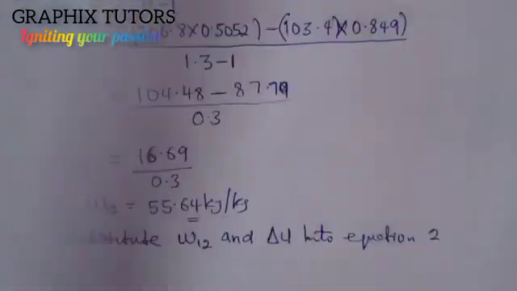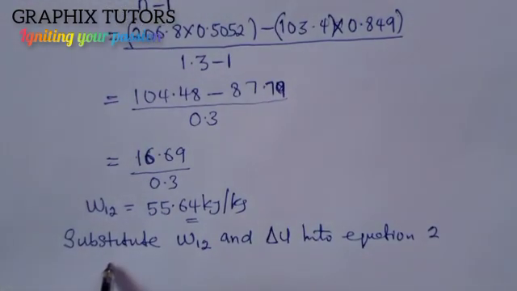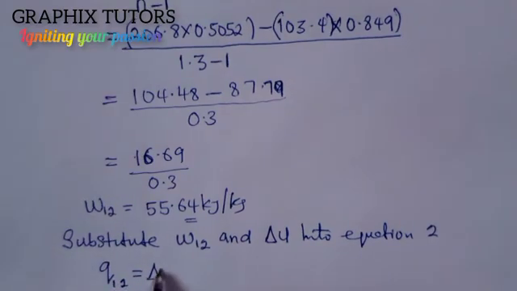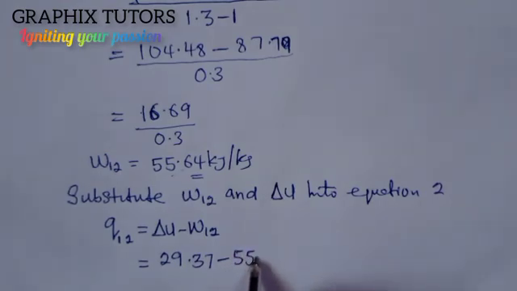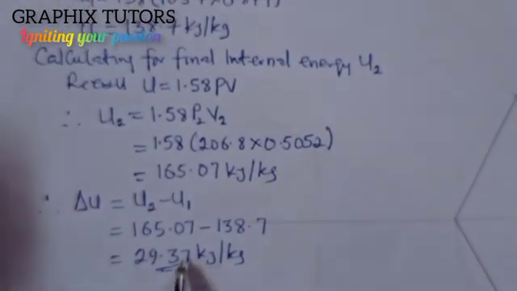So Q12 is equal to delta U, which we calculated as 29.37, minus W12, which is given as 55.64. Look at the delta U that I calculated earlier; this is our delta U here, 29.37.